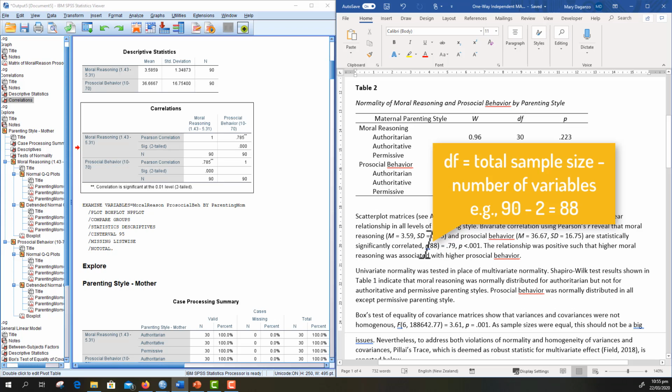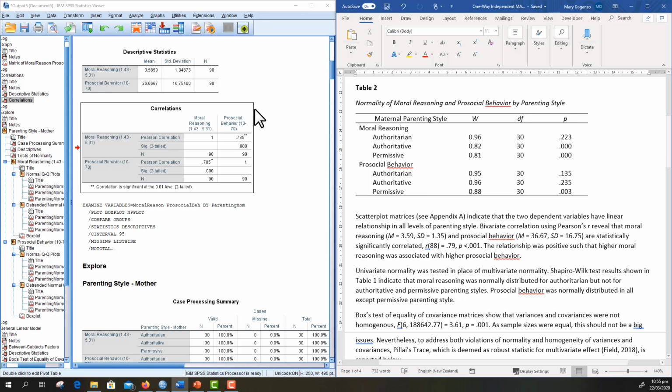That's why we have a df of 88. Okay, and then this is our Pearson correlation, 0.785. We rounded it to 2 decimal places. And remember, there is no leading zero because the r coefficient cannot exceed 1.